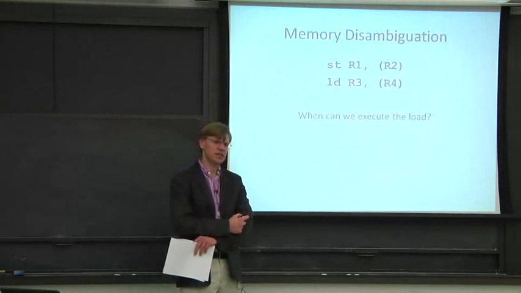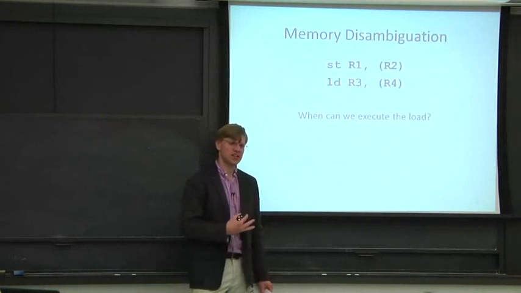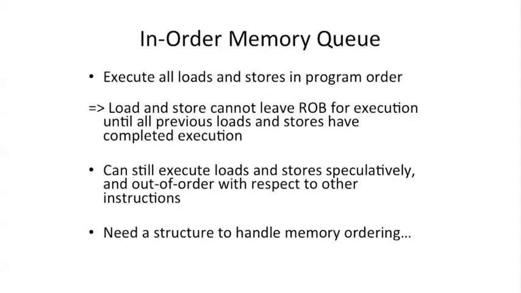Up until this point, in our pipes, we've said, OK, loads and stores are in order, because that can solve these problems. So let's say we just execute all loads and stores in order, and we can still allow other instructions to move around it.